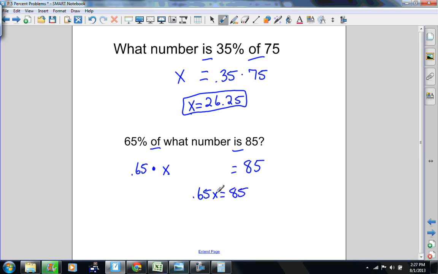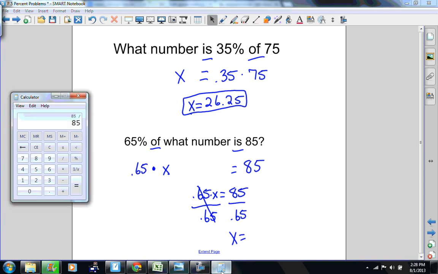So now we have to get that x by itself. Well, the 0.65 and the x are next to each other, and 0.65 is being multiplied times the x, so we have to divide. Hopefully this looks pretty familiar. And now the x is alone, but we got to figure out what 85 divided by 0.65 is.